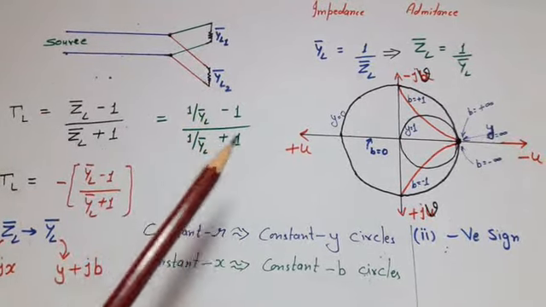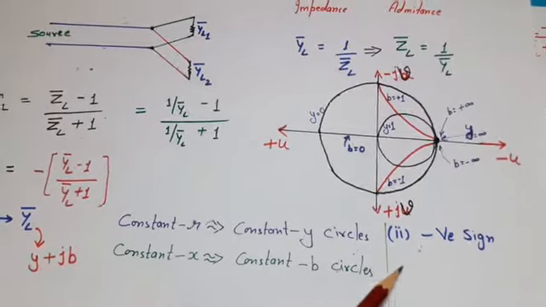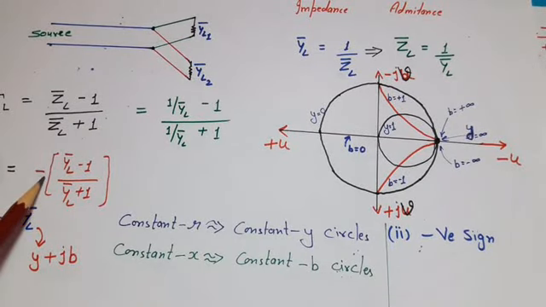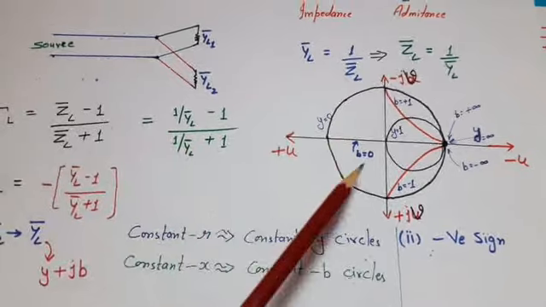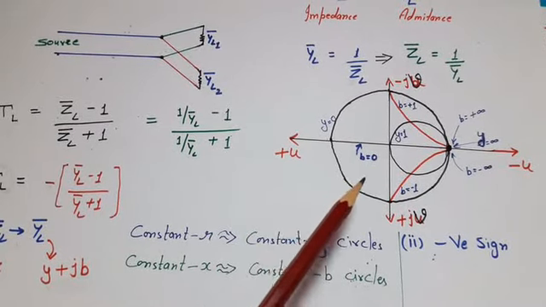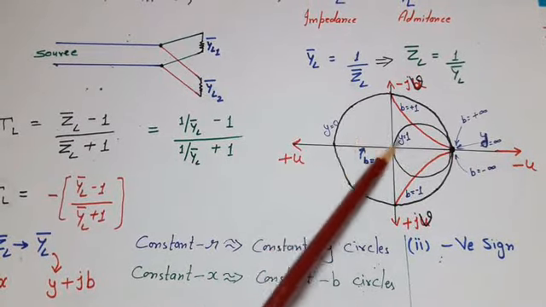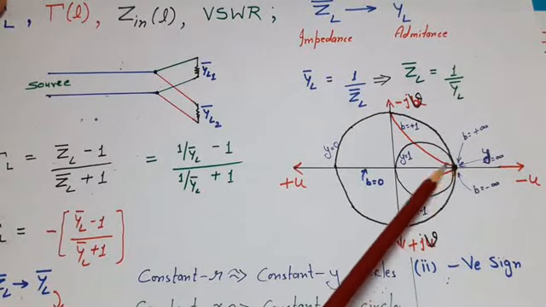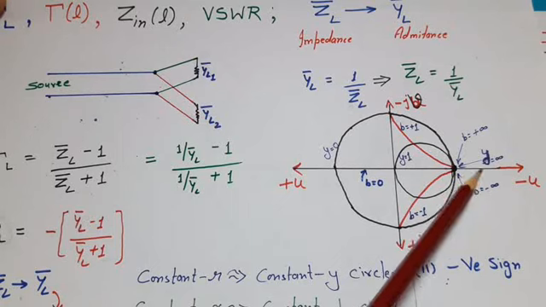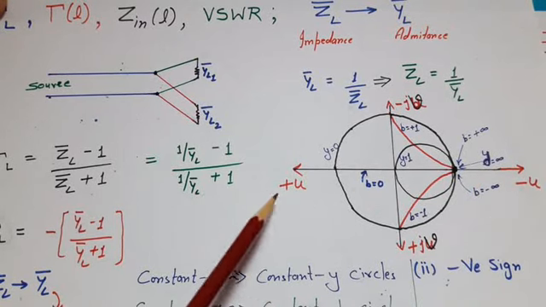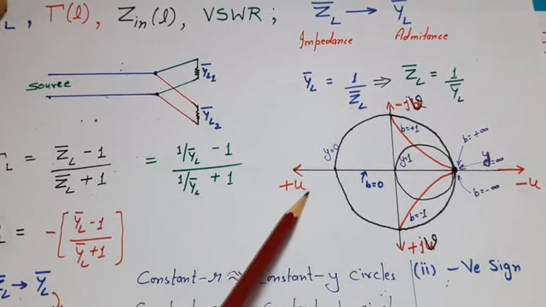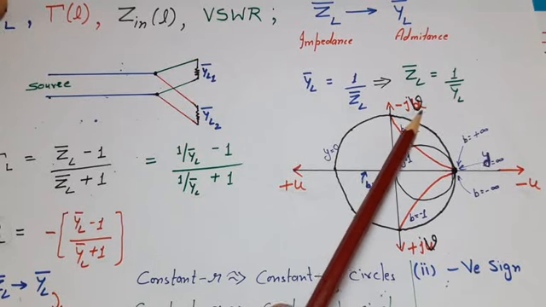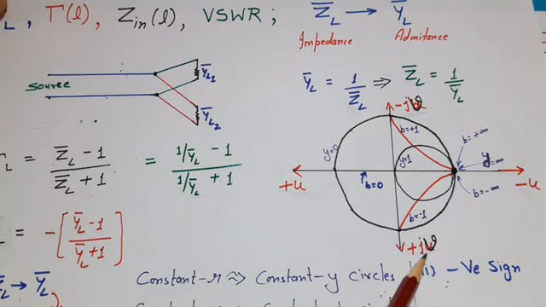Now second difference between these two equations is this negative sign. Due to this negative sign, 180 degree rotation takes place in the Smith chart. Now instead of rotating Smith chart by 180 degree, we rotate the coordinate system by 180 degree. And due to this rotation, positive U axis becomes negative U axis, negative U axis becomes positive U axis, and similarly positive V becomes negative V and negative V becomes positive V axis.